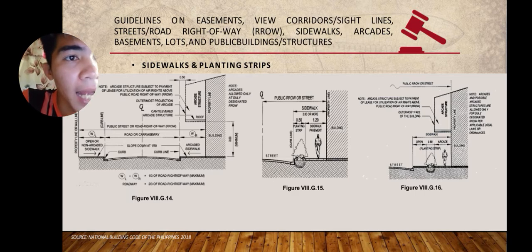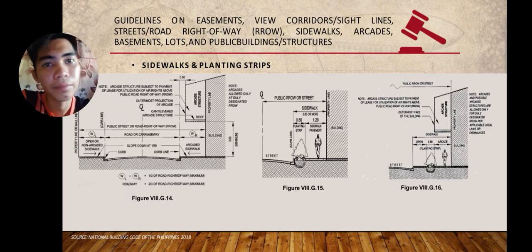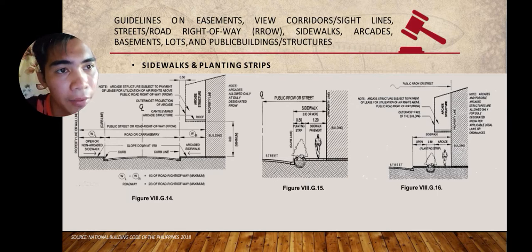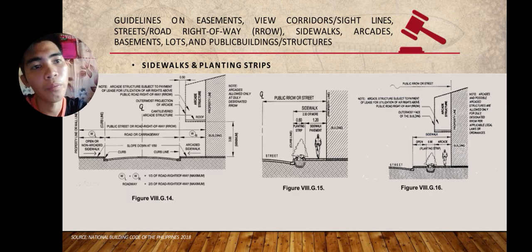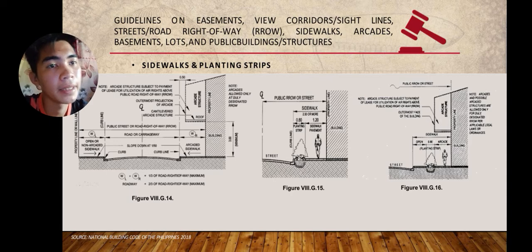Sa plans kailangan og nanginahanglan ra siya og 0.80 meters. Then sa sidewalk nga igaanan sa tao, 1.20. So ang total sa sidewalk nga 2 meters wide, 2 or more.